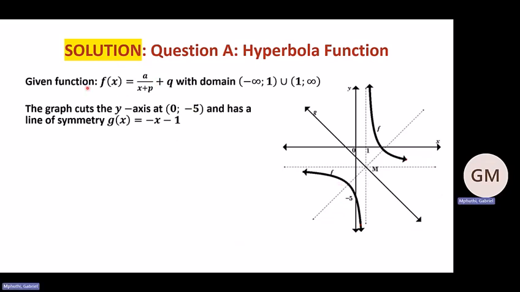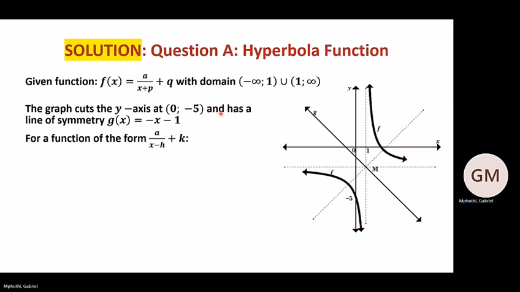So from our equation, remember, immediately when they've given you f of x equals a divided by x plus p plus q, then at first you will need to find those values of a, p, and q.